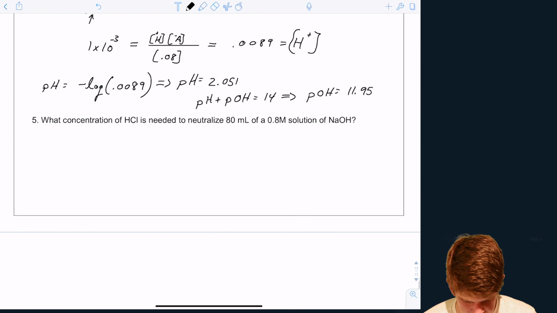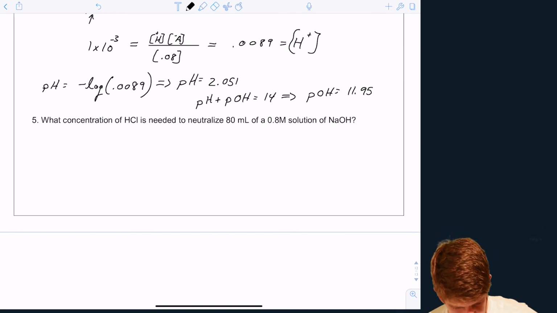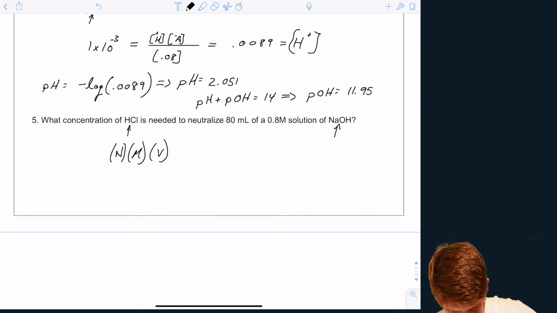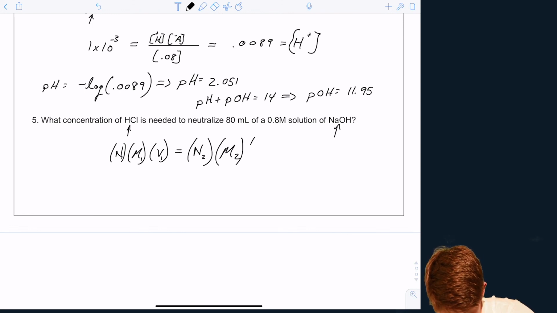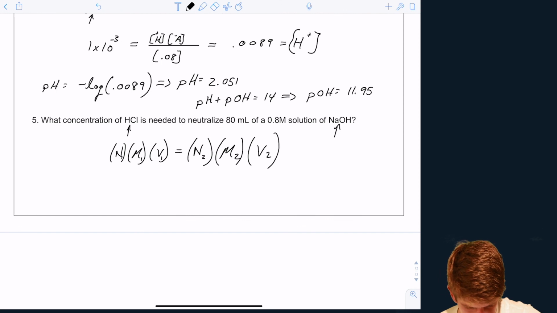What concentration of HCl is needed to neutralize 80 milliliters of a 0.8 molar solution of NaOH? All right, monoprotic, monoprotic. So if we were going to do the normality equation, N1 times M1 times V1 has to equal N2, M2, V2.